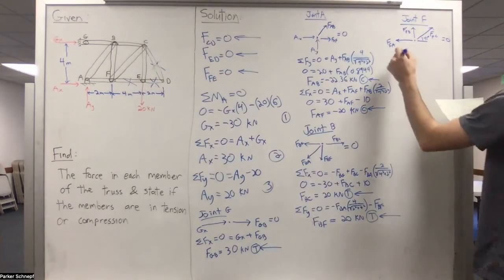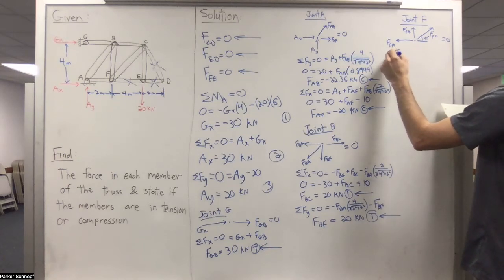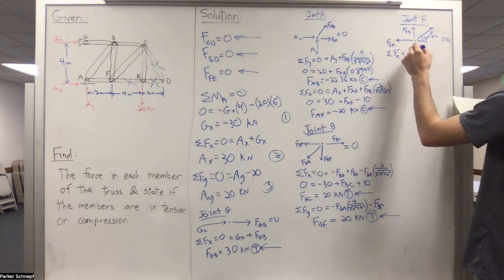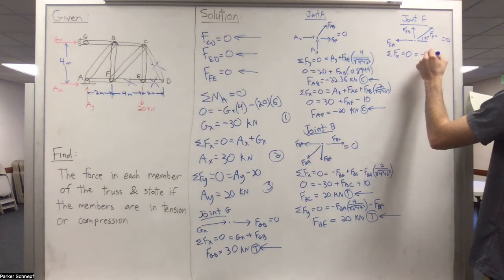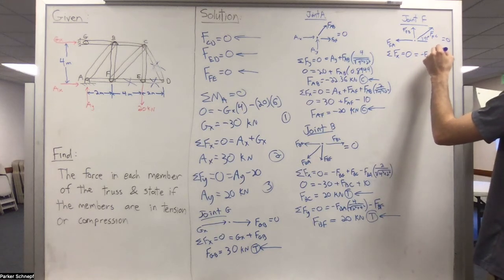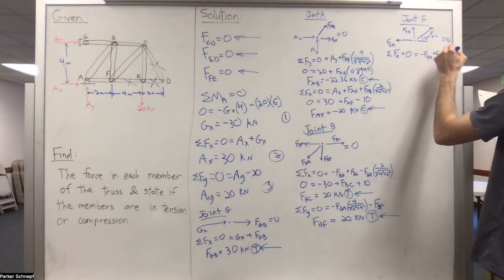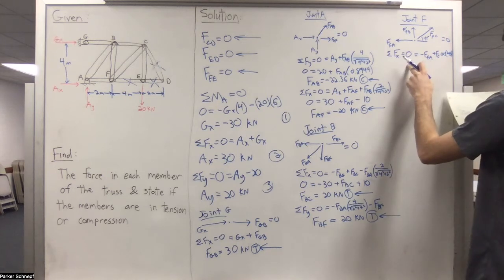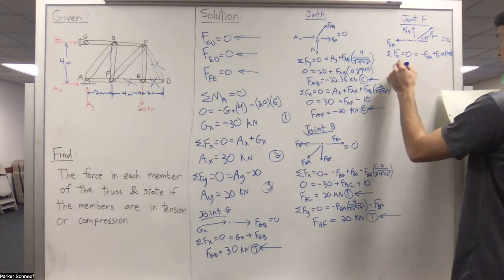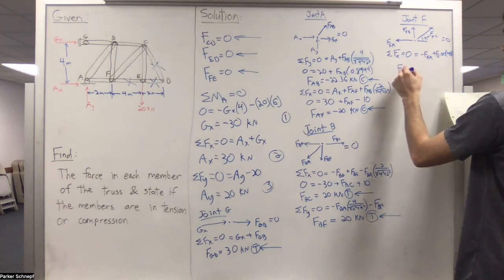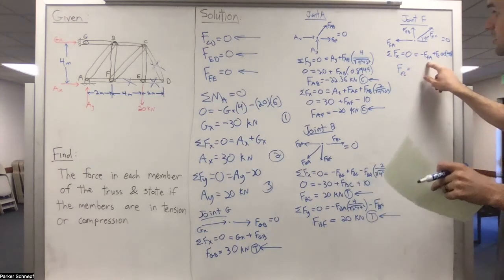So we can do sum of forces in X or Y in this case. I'll just do sum of forces in X. Sum of forces in X equals 0. That has to equal negative FA plus FC cosine 45. If I rearrange this, I can get FC equals FA. Where did we find that?